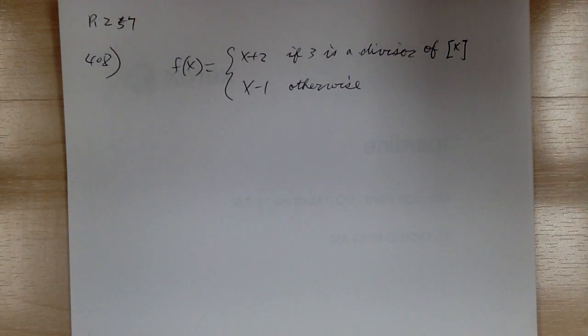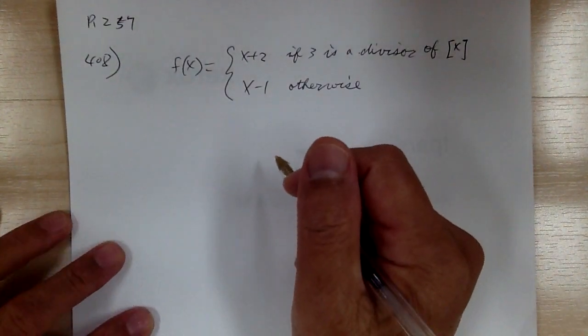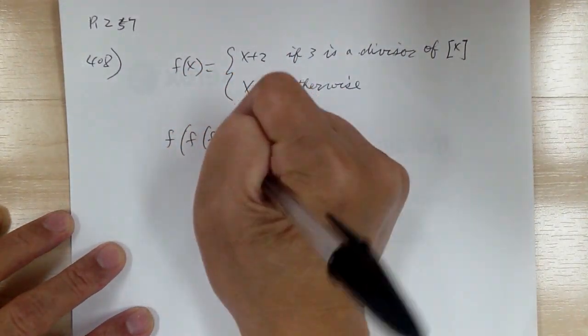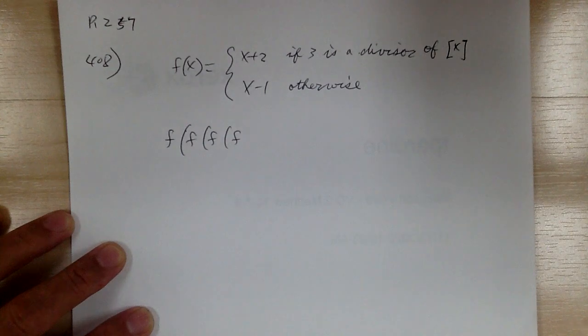And so you're looking for f of f of f of f of f of pi.